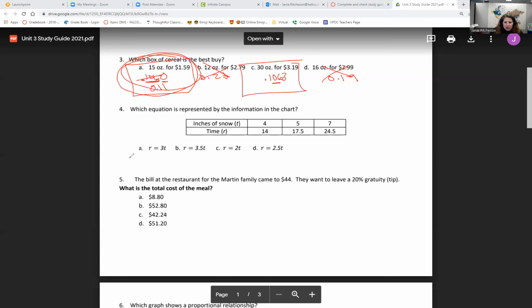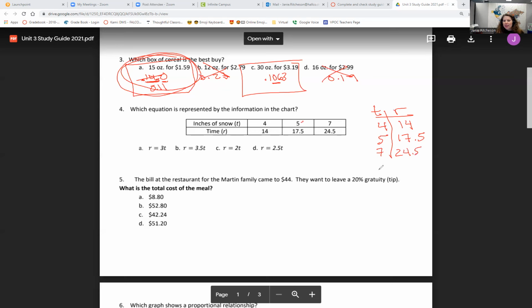Number 4, which equation is represented by the information in the chart? Okay, so let's just do it this way, just because it's sometimes a little easier. When T is 4, R is 14. When T is 5, R is 17.5. And when T is 7, R is 24.5.